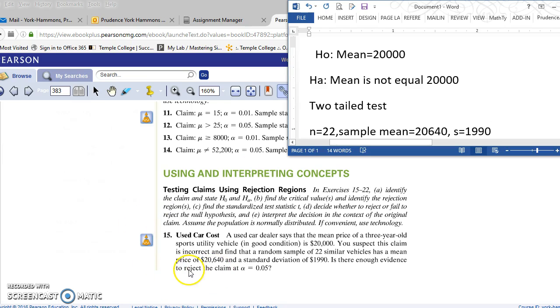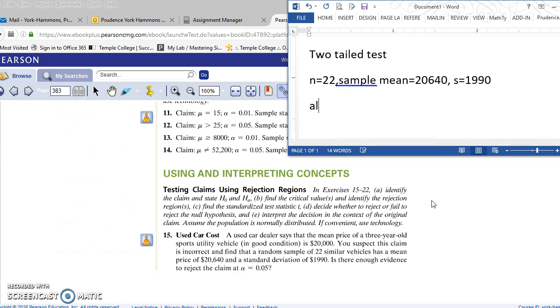Is there enough evidence to reject the claim at alpha equal 0.05? Now remember, since this is two-tailed, that in StatCrunch, I'm going to need to use 1 minus 0.05, which is the 0.95 area that I will look for.